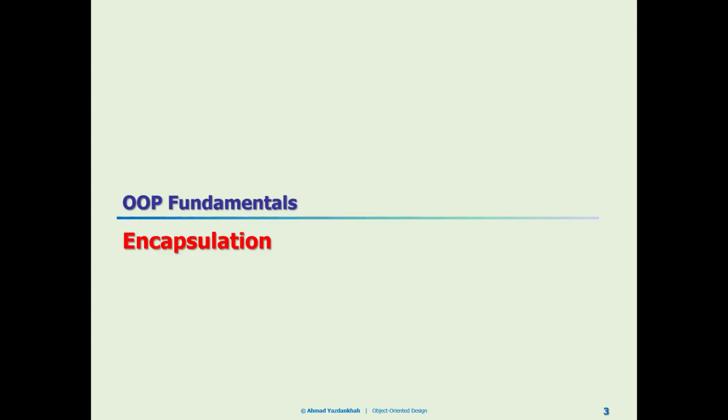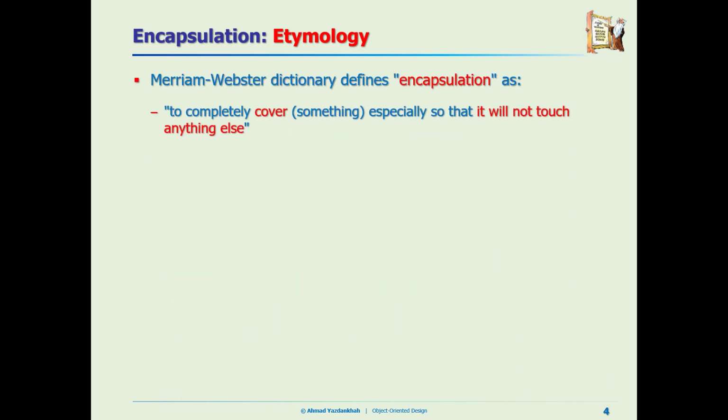Encapsulation. What is encapsulation? Let's look at the concept first from the etymology point of view and see what the dictionaries say. As usual I use Merriam-Webster: to completely cover something, especially so that it will not touch anything else.